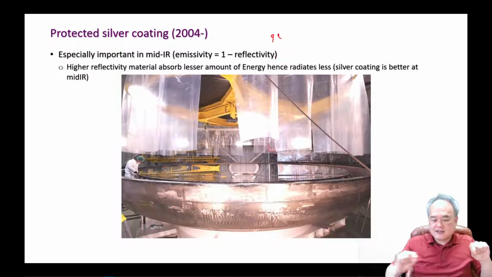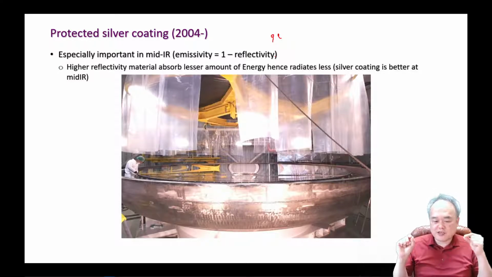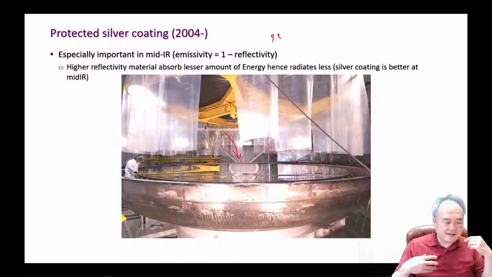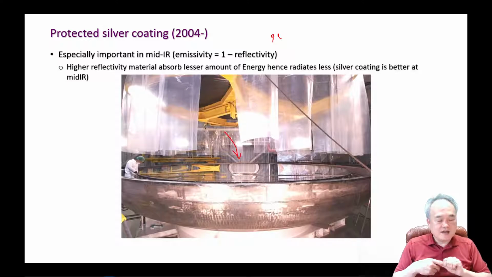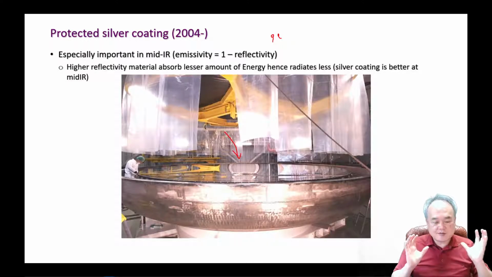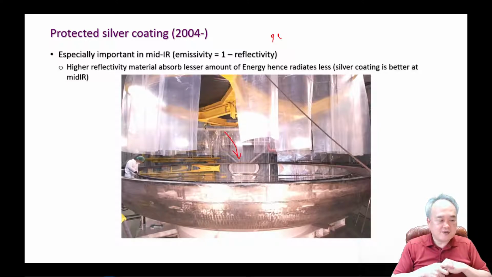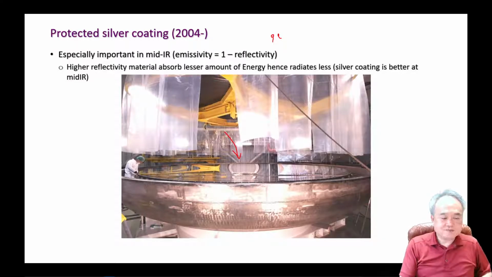So there has to be a special type of protective layer for the silver coated primary mirror, and this is the image taken by the Gemini Observatory, which pioneered this silver coating in the mid 2000s. Nowadays, most infrared specific telescopes use this silver coating as the main reflective material.